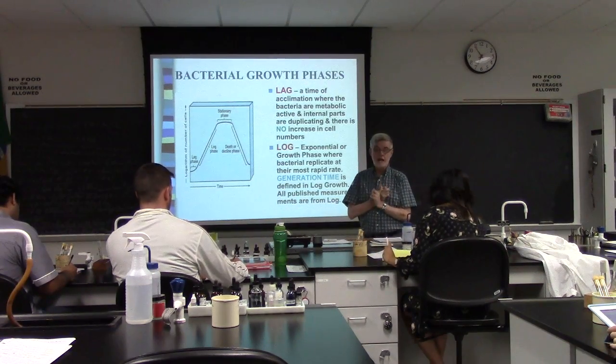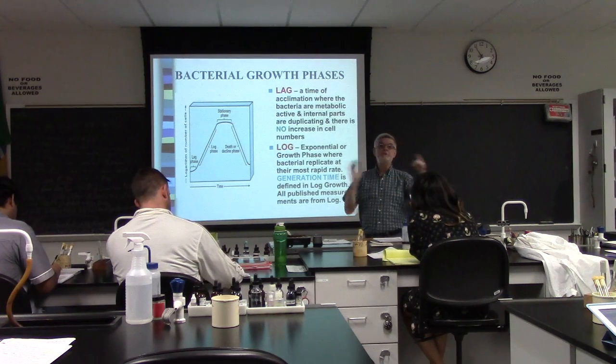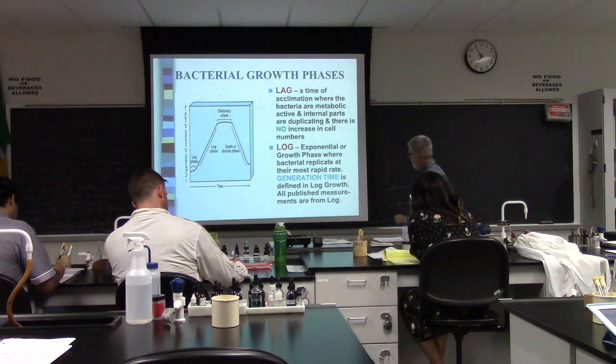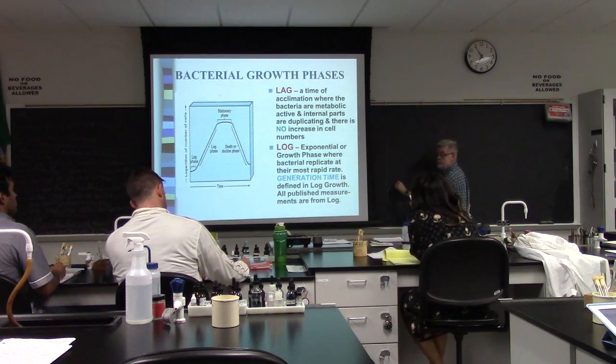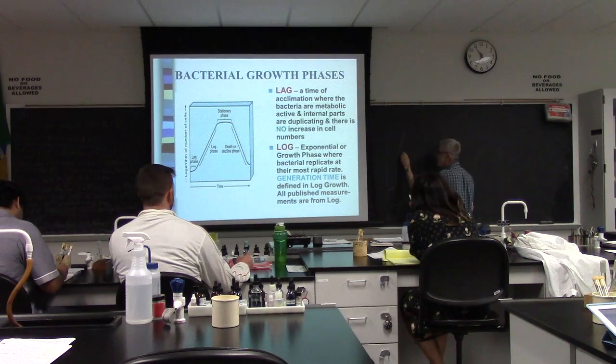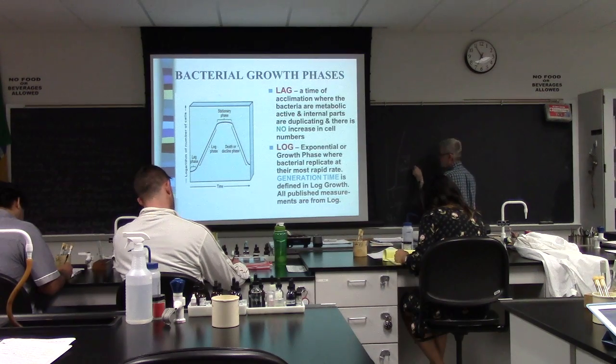Nothing appears to be happening, but internal parts are duplicating, and the cell is becoming adjusted to these optimum conditions. And then the cell's metabolic rate moves to its maximum efficiency, and the generation time becomes the shortest. And this is called log or exponential growth phase of the growth curve.